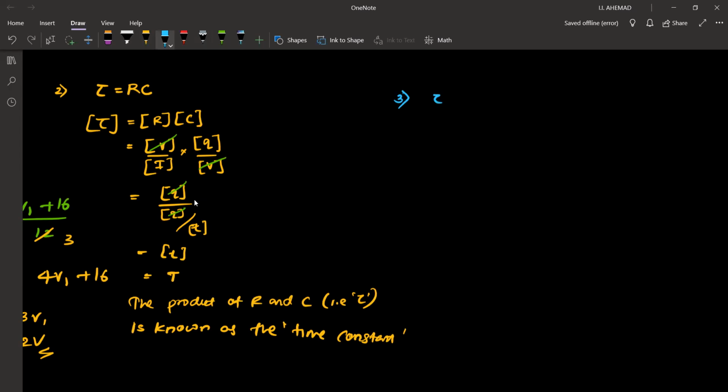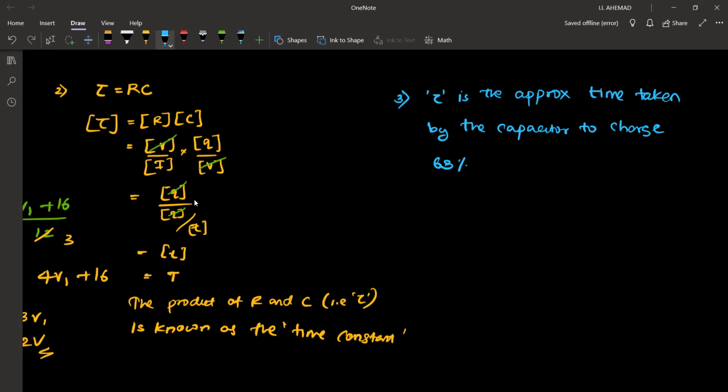What is this tau? Tau is the approximate time taken by the capacitor to charge 63% of its maximum value.